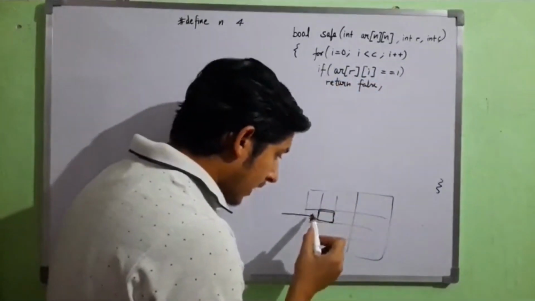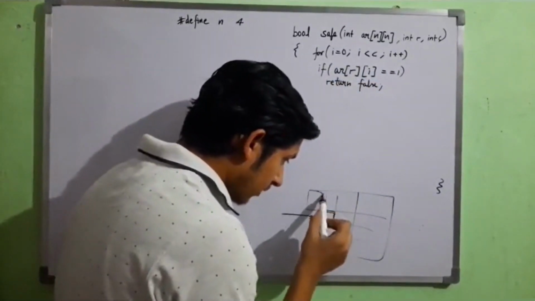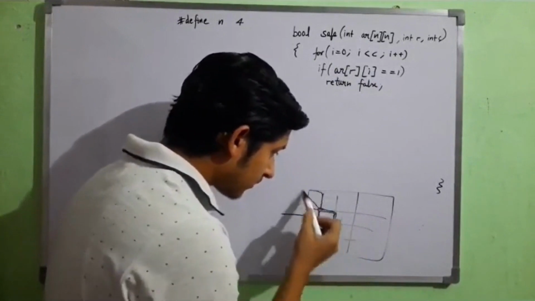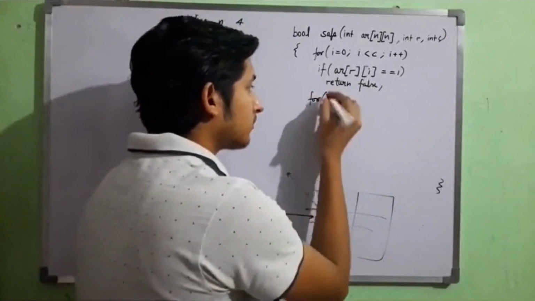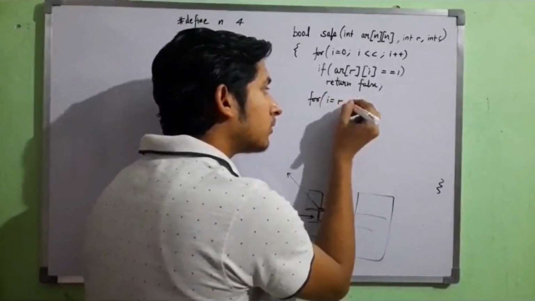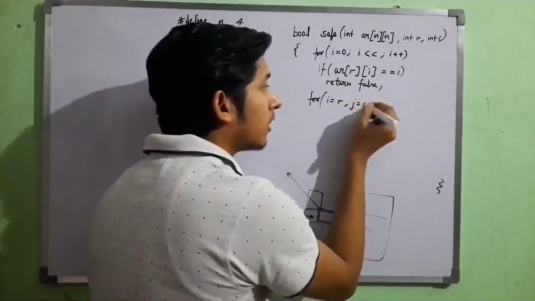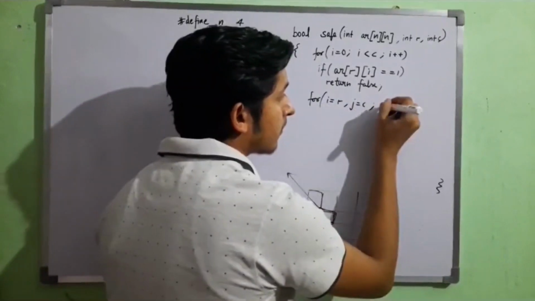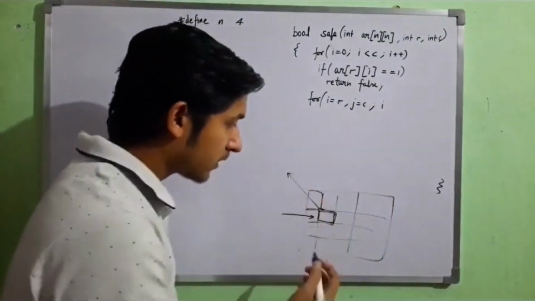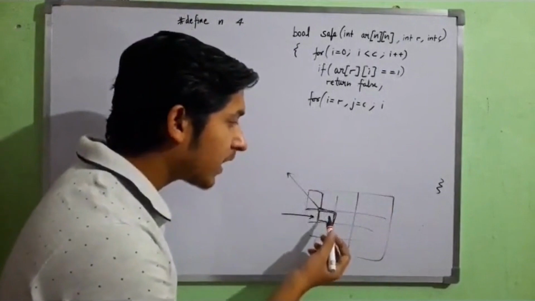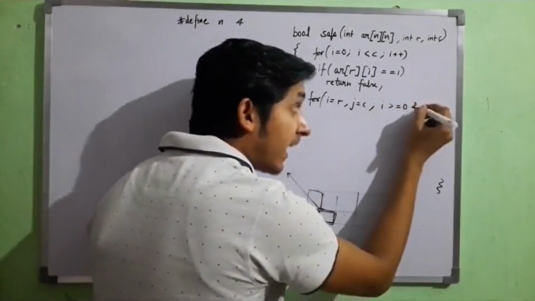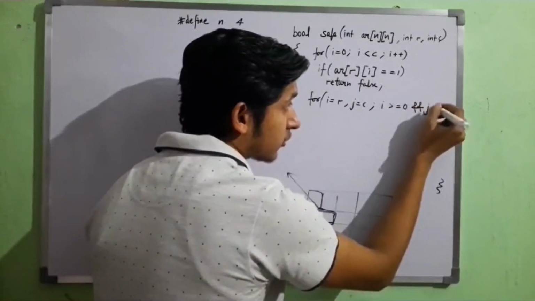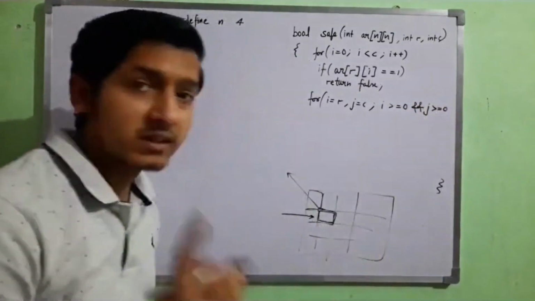Now after this, I'll go for all these diagonal blocks. So for i equals row, j equals column, if I am moving upwards, so I should not get before 0. So i is greater than or equal to 0 and j is also greater than or equal to 0 simultaneously.